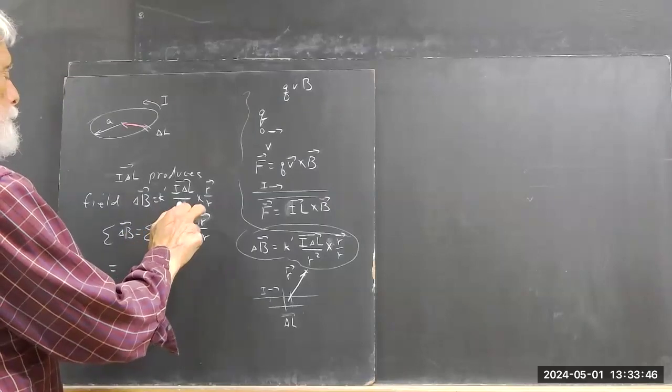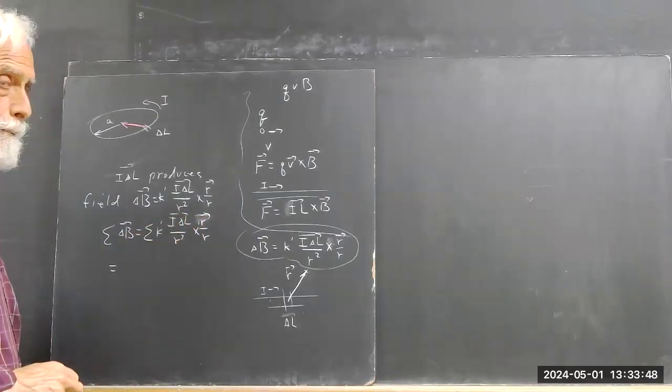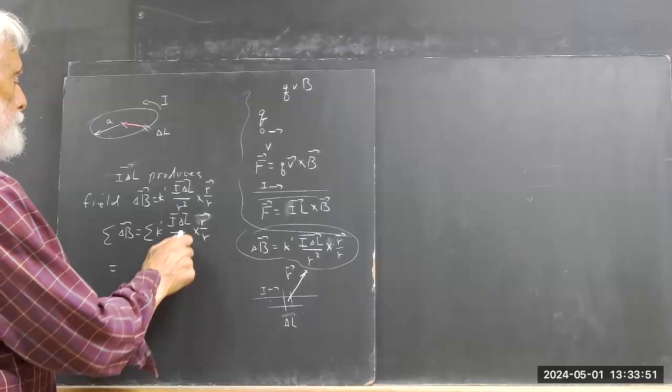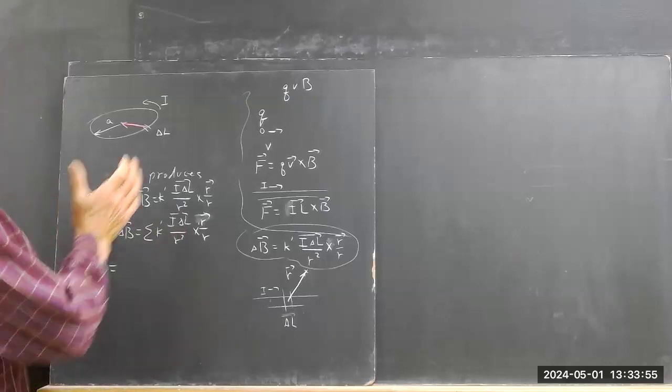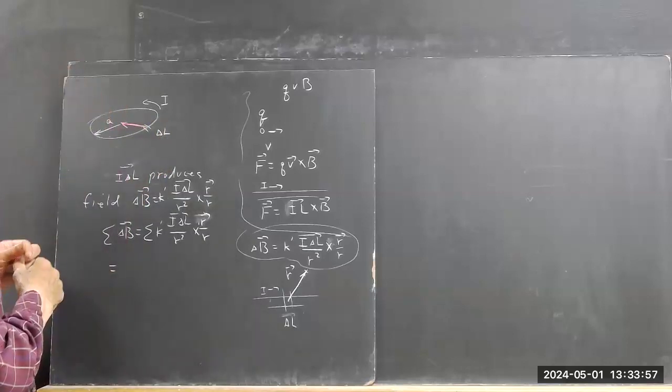But your delta L cross R is always, in this case, going to be upward.